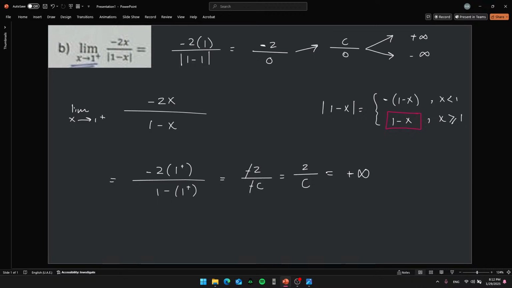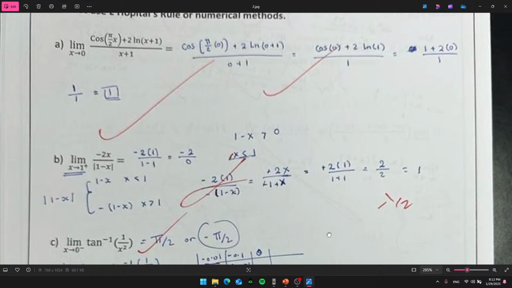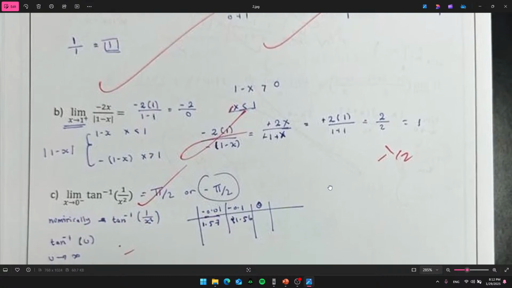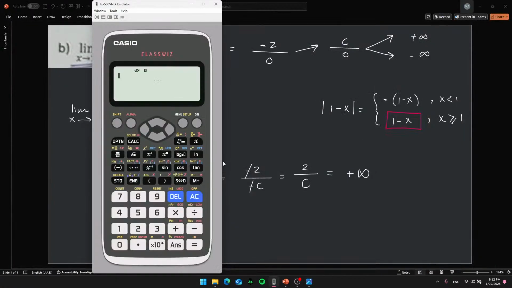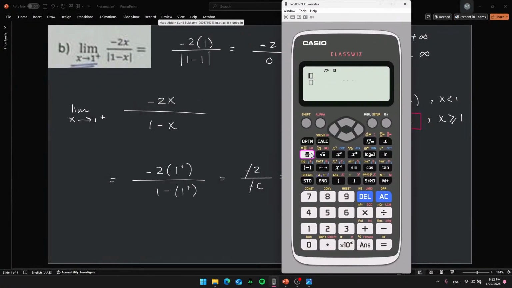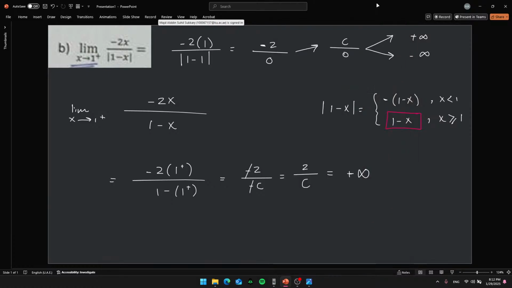Okay, so let's check it. Is it right or did I mess up? Okay, this guy missed it. Negative 2x over absolute value of 1 minus x, calculated at 1.001. Oh, negative infinity.